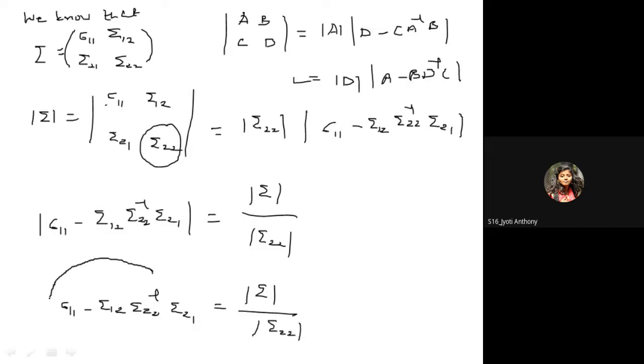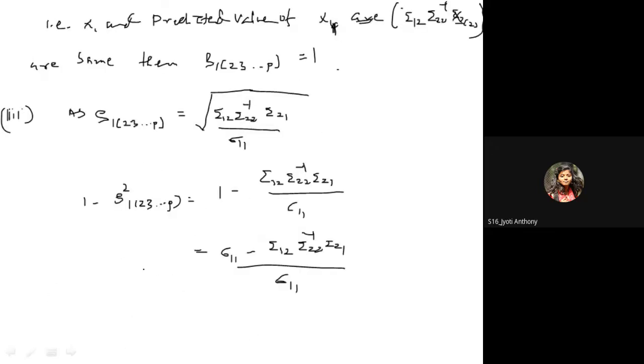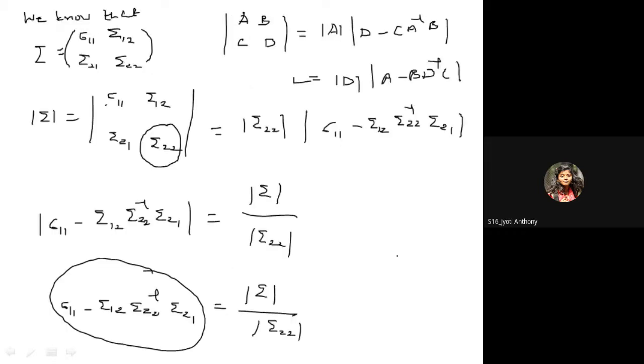But I have this quantity in my multiple correlation coefficient, so I will just substitute the form. I can also write it in this way, the determinant of sigma 2 2 divided by the determinant of sigma; both are the same.